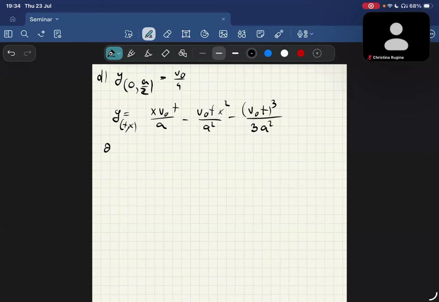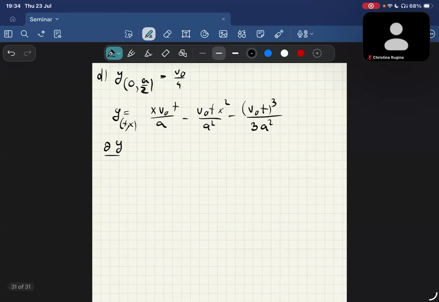So y derived by t of t, x, it will be x v0 over a minus v0 x squared over a squared minus v0 cubed t squared over a squared.